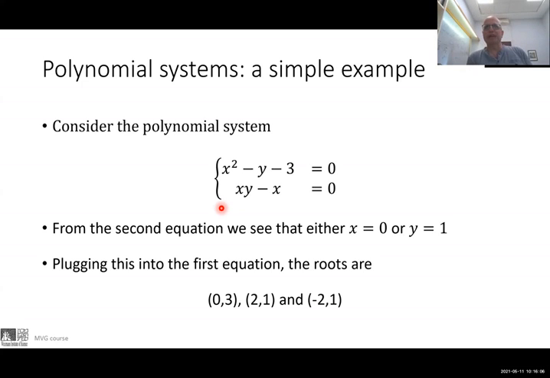I was supposed to write plus y there, or we'll see what happens. Anyway, let's ignore this issue. What we want is to show you how we can solve such a system of equations, and we would want to see that we get the same solution back, whether it's plus or minus 3.